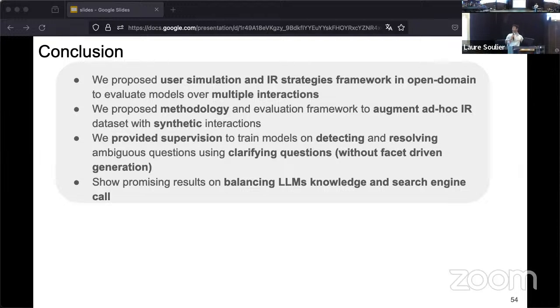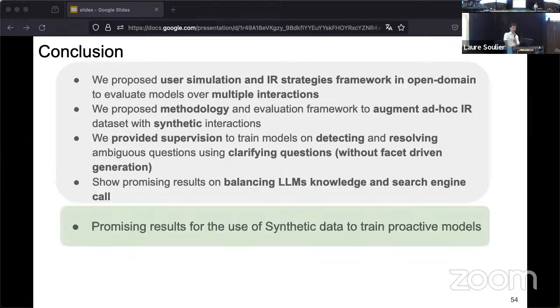We also proposed new supervision to generate more relevant and more diverse clarifying questions. And we also showed promising results on balancing LLM's knowledge and search engine calls. All this is a promising result for the use of synthetic data for proactive models.